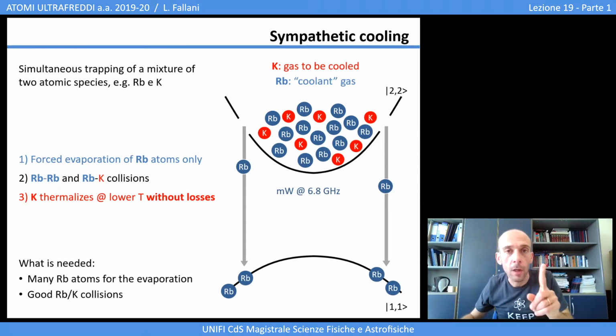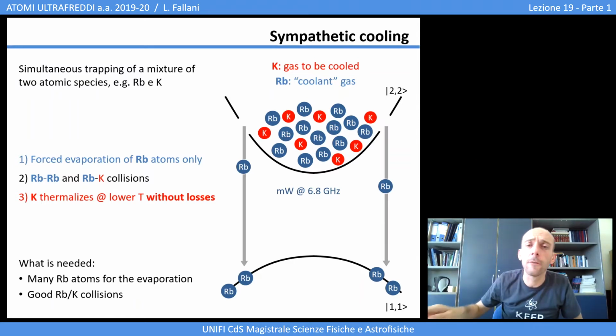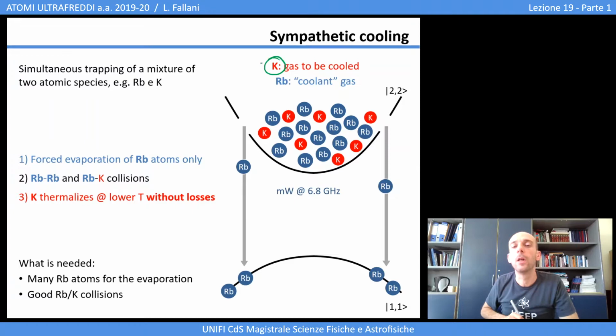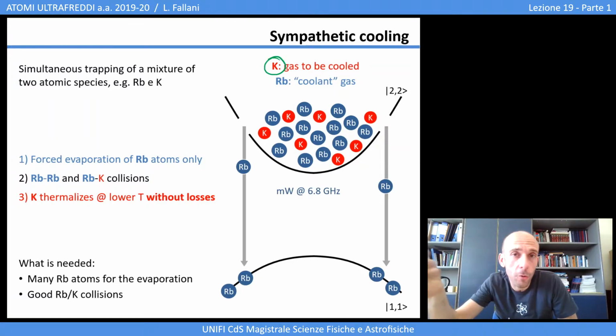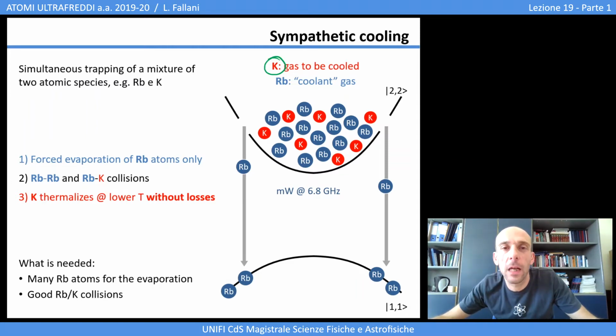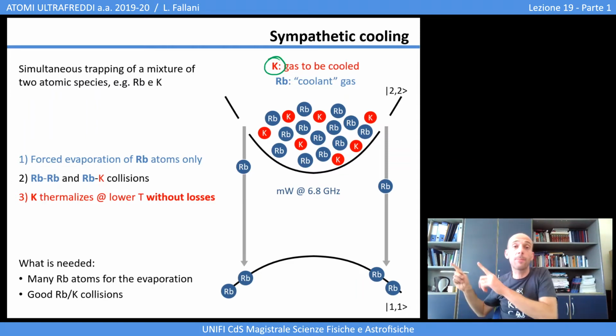One of the two gases is the gas that is interesting for you, the gas that you want to cool for your experiments. Let's suppose that this gas is made of potassium atoms, for example fermionic potassium. So this is the gas that has to be cooled. But then you know, from what we have said before, that fermionic potassium cannot collide. So the red particles cannot collide between themselves.